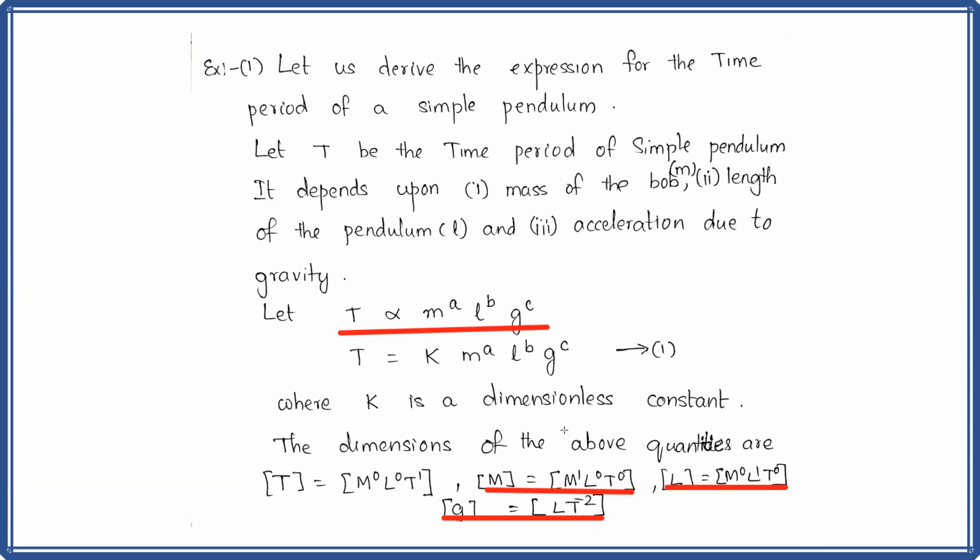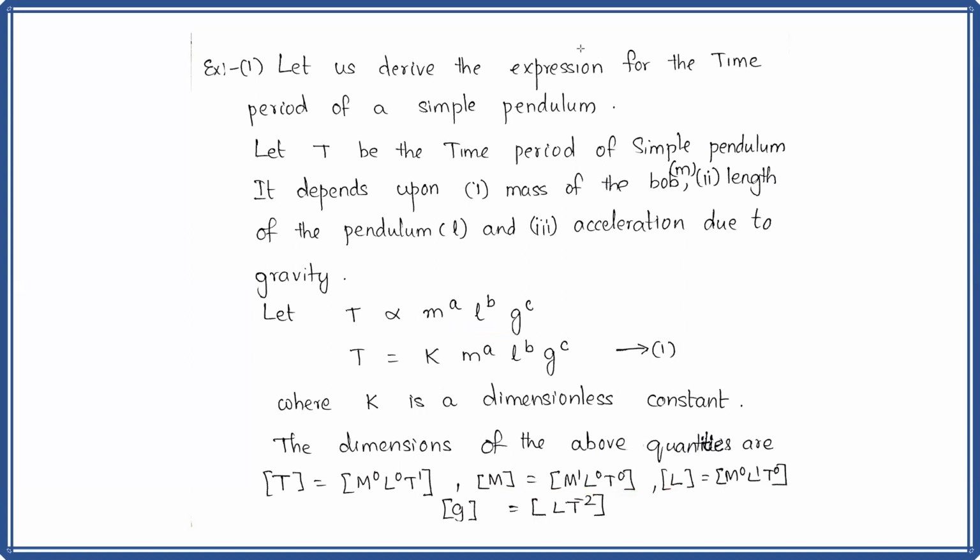In this particular problem, they have mentioned it depends on the mass of the bob, length of the pendulum, and acceleration due to gravity. So here we have taken mass, length, and acceleration due to gravity, and we have written the dimensional formula for all of them.